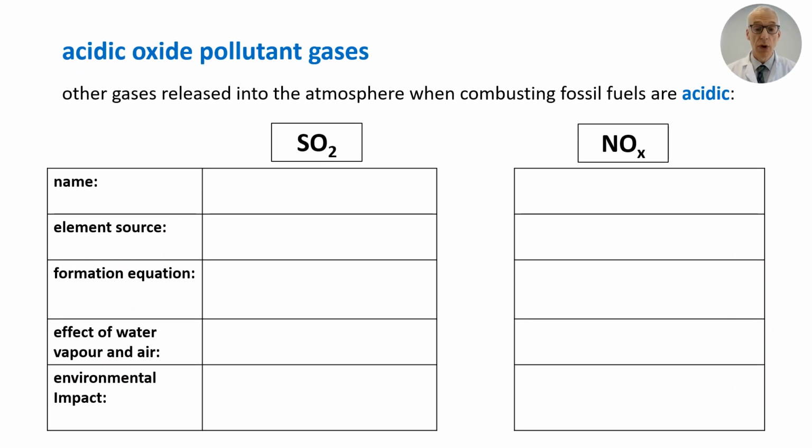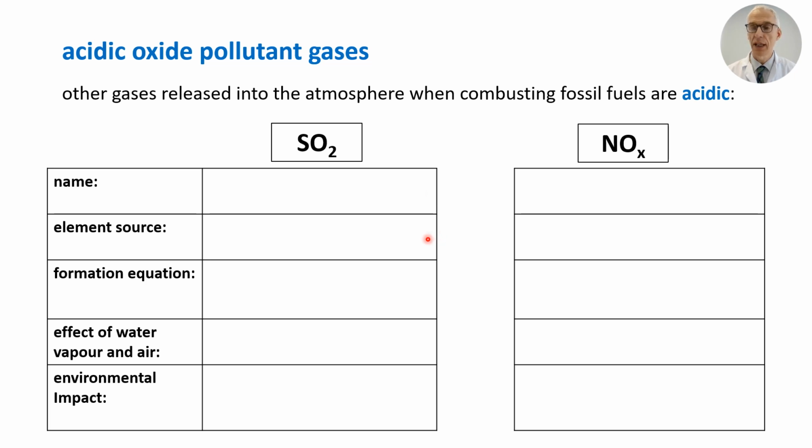So let's move on to the acidic oxide pollutant gases, SO2 and NOx. These are released into the atmosphere on the combustion of fossil fuels. Let's start with SO2. Can you name SO2?